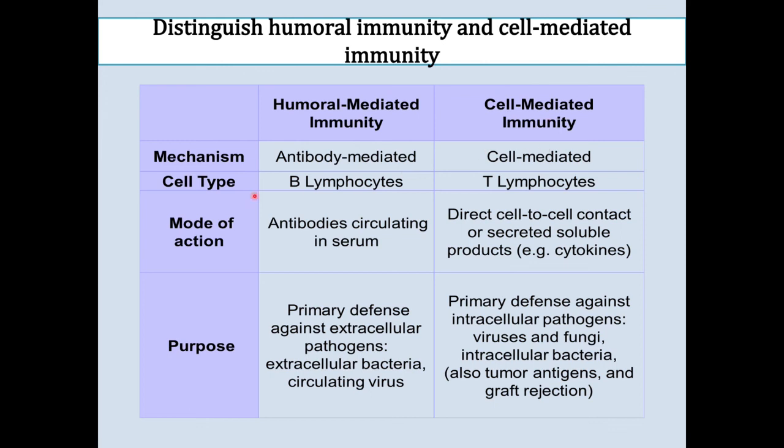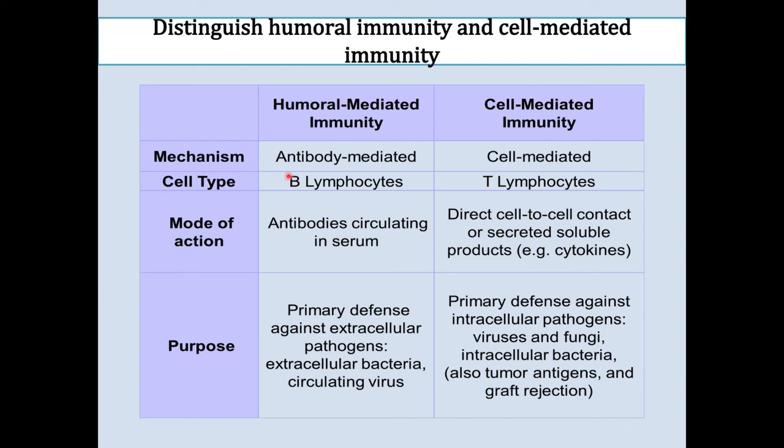Okay, and the cell type for humoral is B lymphocytes. For cell-mediated, it involves T lymphocytes. The mode of action is that antibody circulates in the serum, whereas in cell-mediated, there is direct contact between the target cell and the T cell, and the production of cytokines.